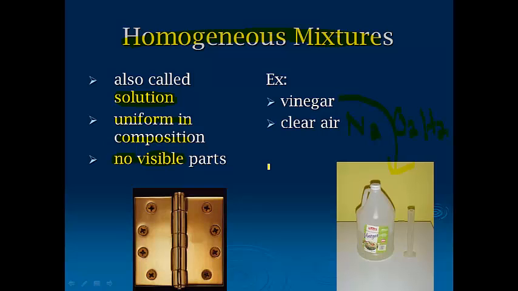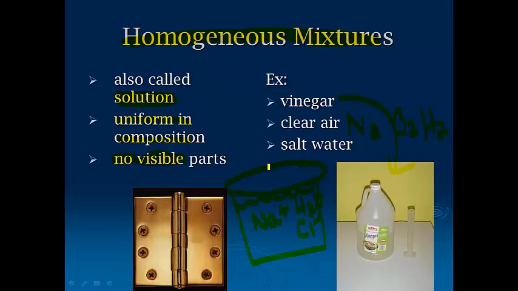Clear air is the same thing. Clear air is a combination of nitrogen gas, oxygen gas, hydrogen gas, water vapor, carbon dioxide, all kinds of things. We can't see the parts and pieces, but they are separate. And same with salt water. Salt water, you have the sodium and the chloride ions, which we'll talk about later, mixed in with the water particles, but all the pieces maintain their own identity.